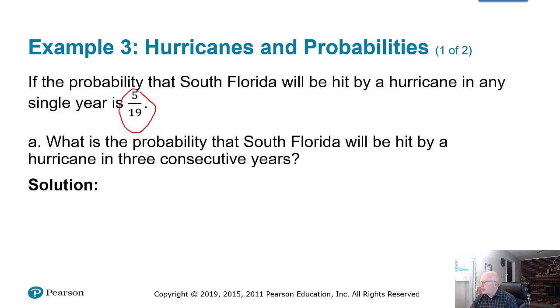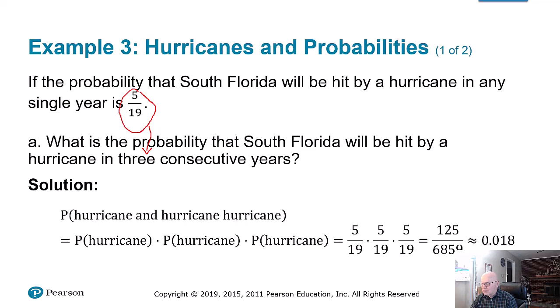How do we solve that? Well, we have the same thing happening 3 consecutive years. The probability for each one of these is 5 over 19. They're independent events. As far as we know, a hurricane hitting this year won't affect whether a hurricane hits next year or not.